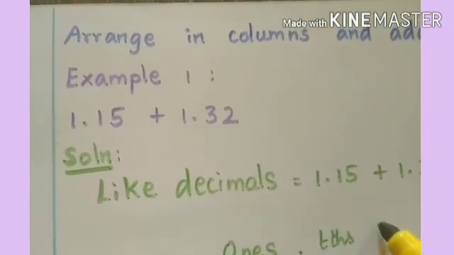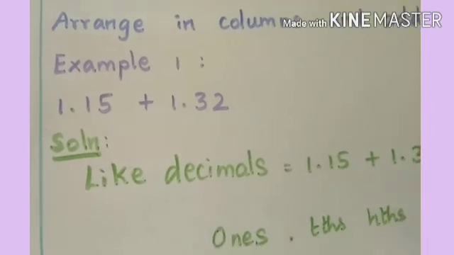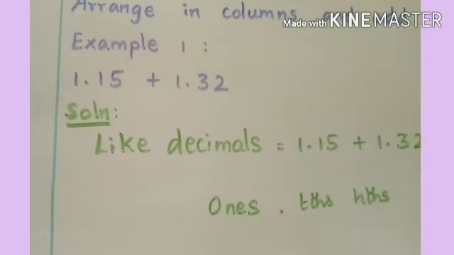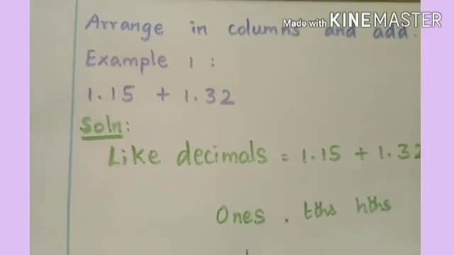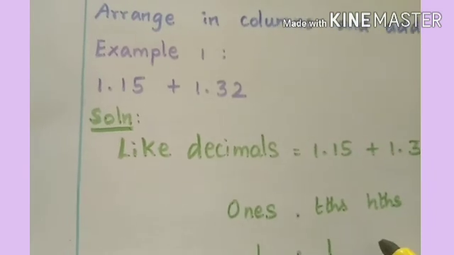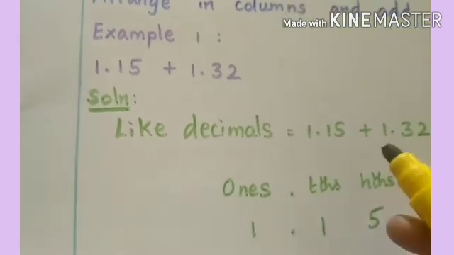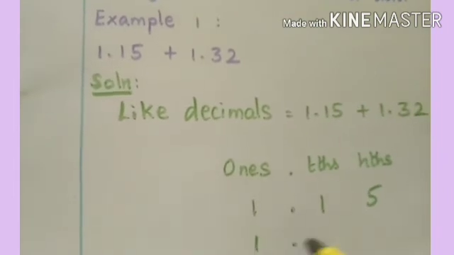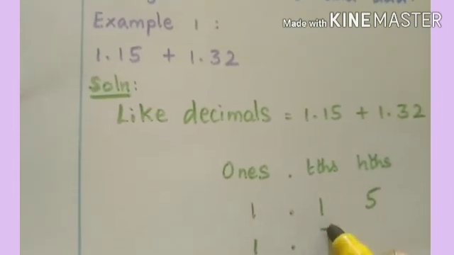Ones, point, tenths and hundredths. Then write 1 in ones, 1 in tenths and 5 in hundredths. Then write the other number: 1 in ones place, 3 in tenths place and 2 in hundredths place.